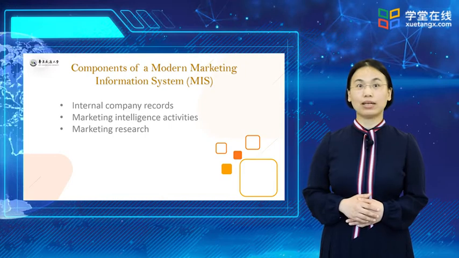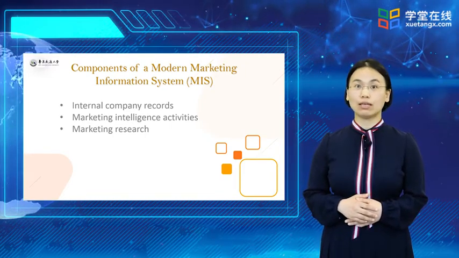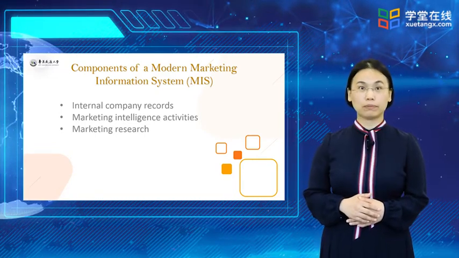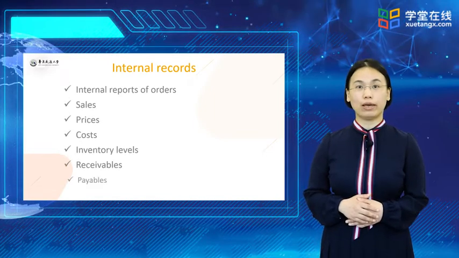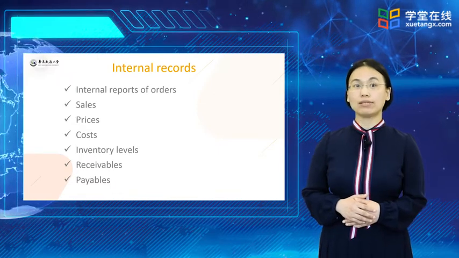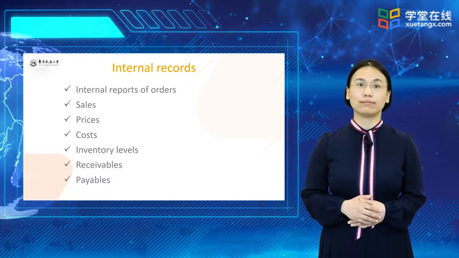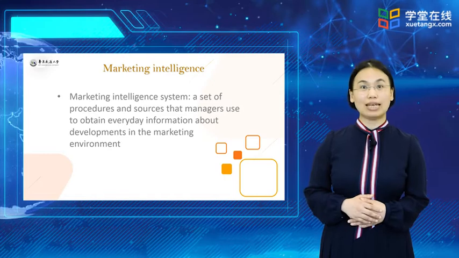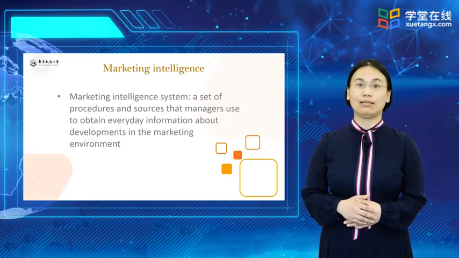The company's marketing information system should combine what managers think they need, what they really need, and what is economically feasible. Internal records use the order-to-payment cycle, sales information systems, databases, data warehousing, and data mining to obtain this list of information. The internal record system supplies results data, but the marketing intelligence system supplies happening data.